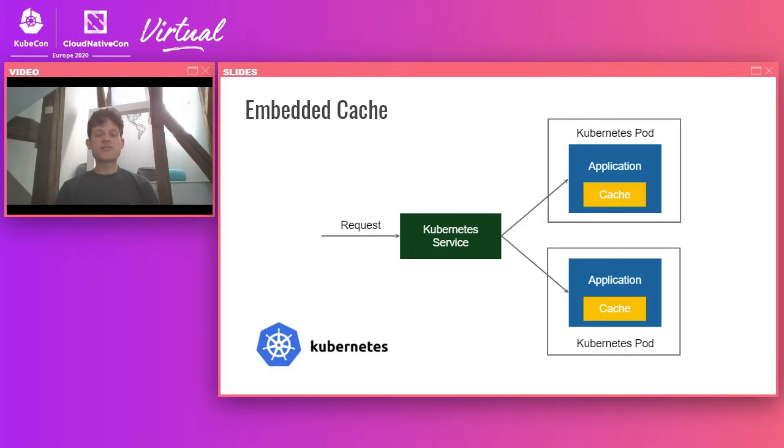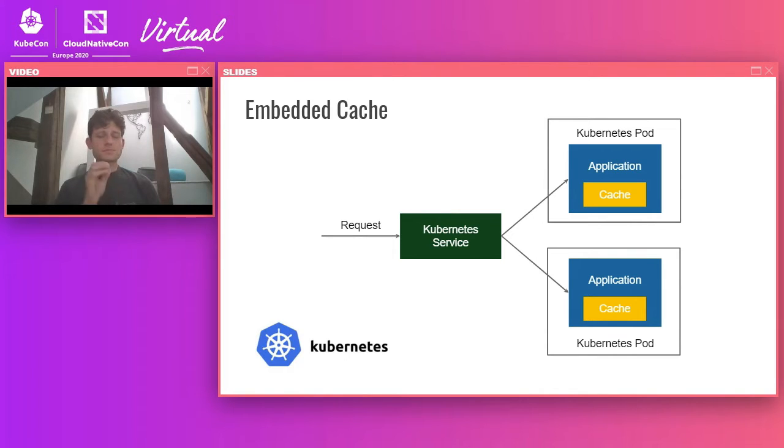So this is our diagram for embedded cache. This is pretty simple, but there's one big problem with this caching. Imagine that the first request goes to the Kubernetes service and it's forwarded to the pod on the top. We do some business logic, we put a value into the cache and so on.